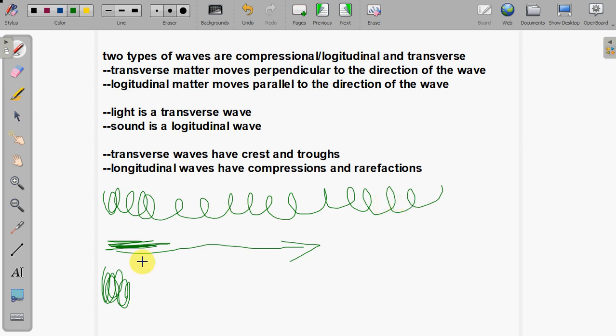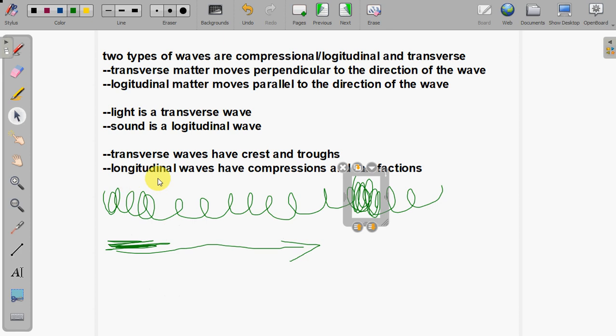Now, if I take this compressed slinky and I just stretch out part of it and then let go while holding the opposite end, we would see this compressed part bouncing back and forth, and the slinky stretching and compressing and stretching and compressing. So that's what we mean when we say the particles are moving parallel to the direction of the wave.